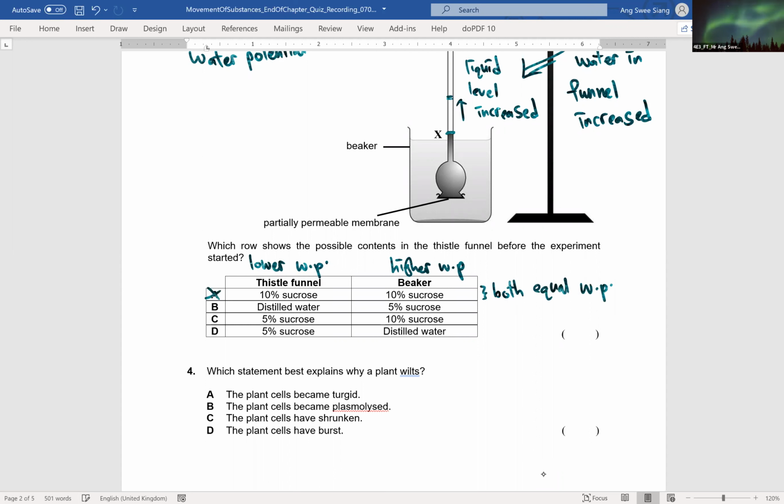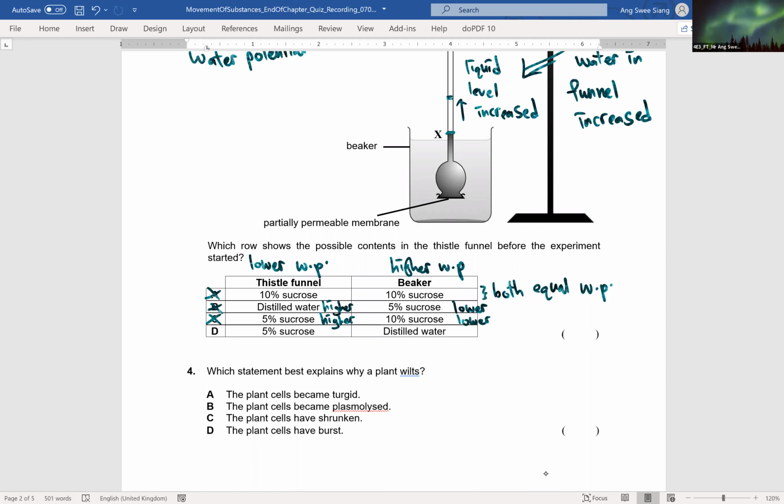Then if you compare distilled water and 5% sucrose, distilled water has a higher water potential. 5% will be lower. So B is also out of the picture. Then if you compare 5% sucrose and 10% sucrose, 5% sucrose is higher water potential, 10% is lower. So again, C is out of the picture.